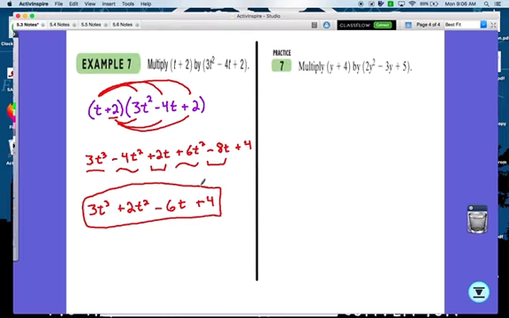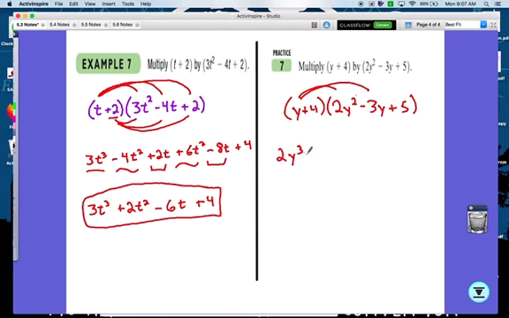All right, so practice that one. Pause it. All right, this is how it's done. Y plus 4 times 2y squared minus 3y plus 5. Y times 2y squared will give me 2y to the third.